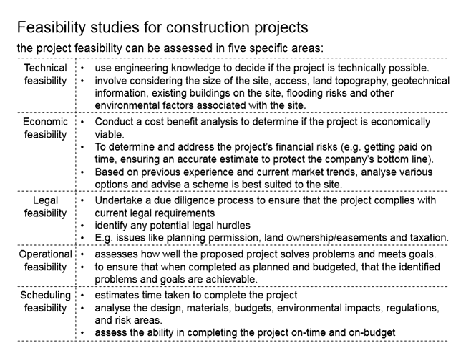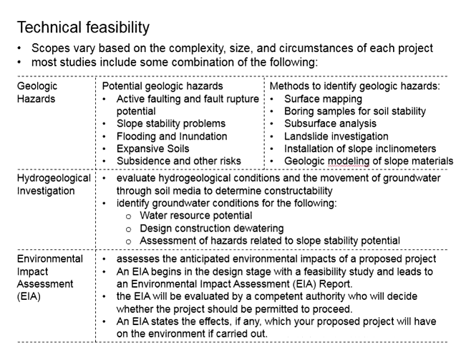It is commonly conducted when there is some uncertainty on the technical aspect that may pose challenge to completion of the project. The scope of technical feasibility studies varies based on the complexities, size, and circumstances of each project.